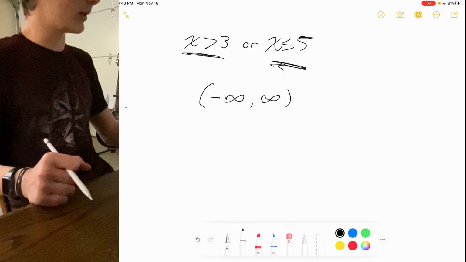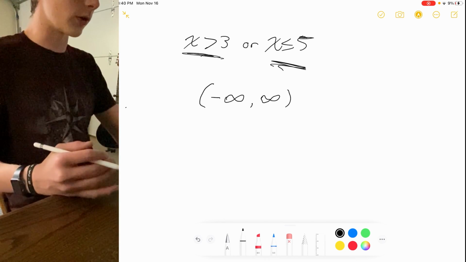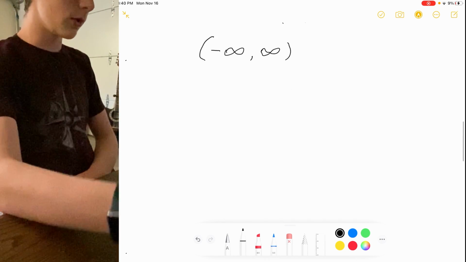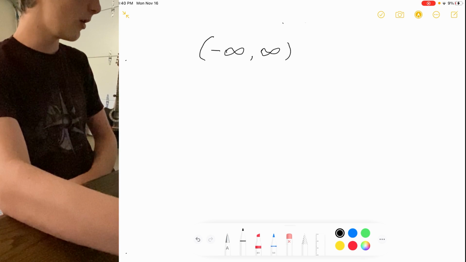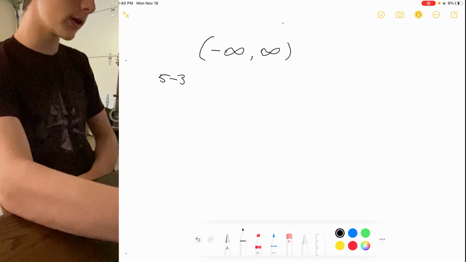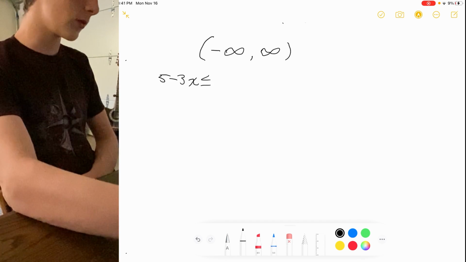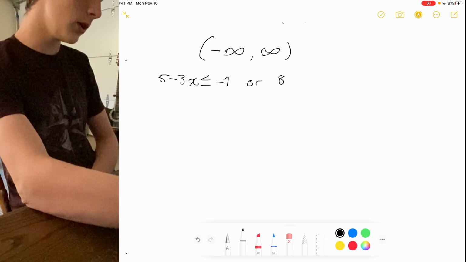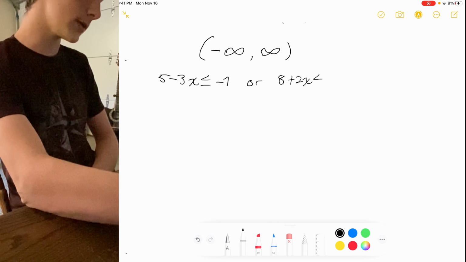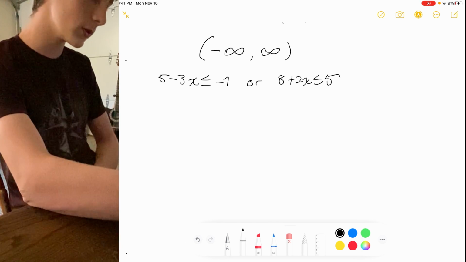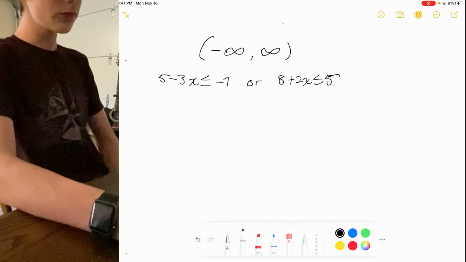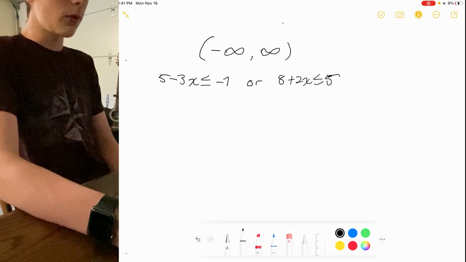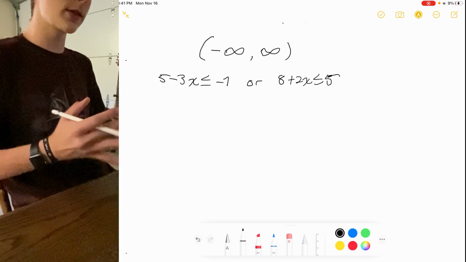Okay, so let's do an example of how we would solve these. It's pretty similar. Let's say we have 5 minus 3x is less than or equal to negative 1, or 8 plus 2x is less than or equal to 5. What we're going to do is the exact same thing as with the and.